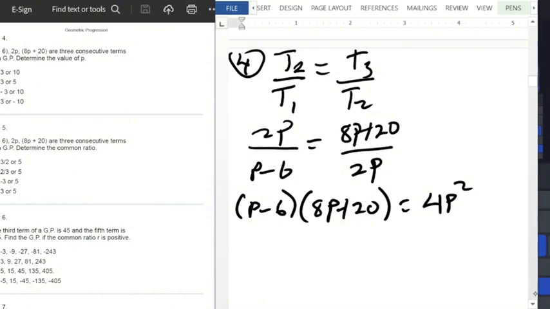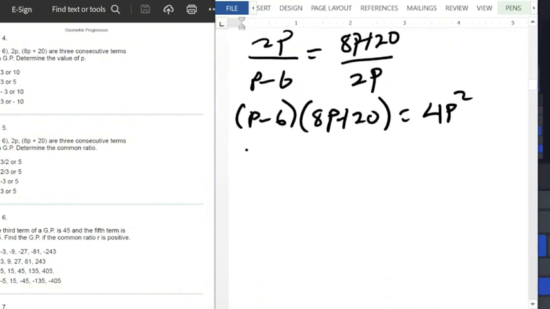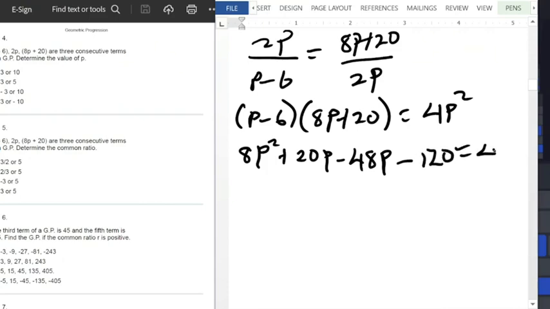So we now solve, open the bracket. So 8P times P, that is 8P squared. P times 20, that's 20P, minus 6 times 8P, that's minus 48P, then minus 6 multiplied by 20, that is minus 120, equals 4P squared. So we now rearrange.